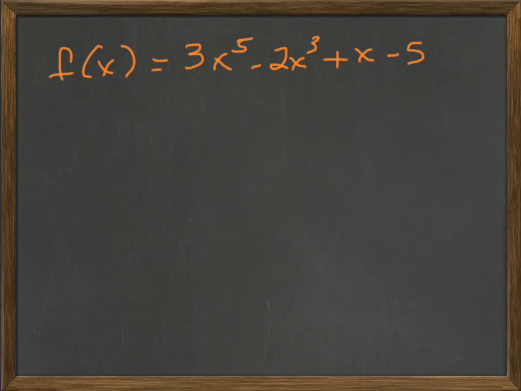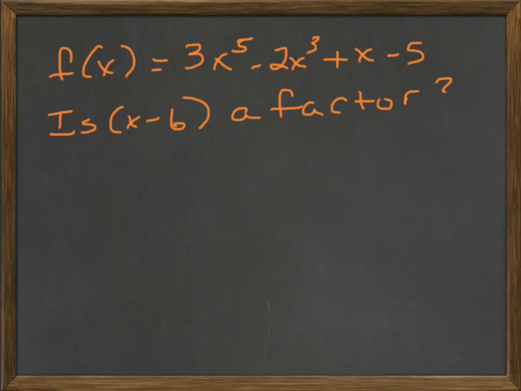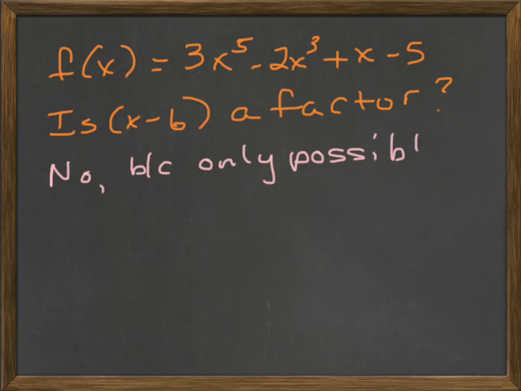So here's another polynomial. And let's say we were wondering if x minus 6 is a factor. We could tell immediately that this is not possible for x minus 6 to be a factor, because the only possible factors are going to be 1 times 5 divided by 1 times 3.